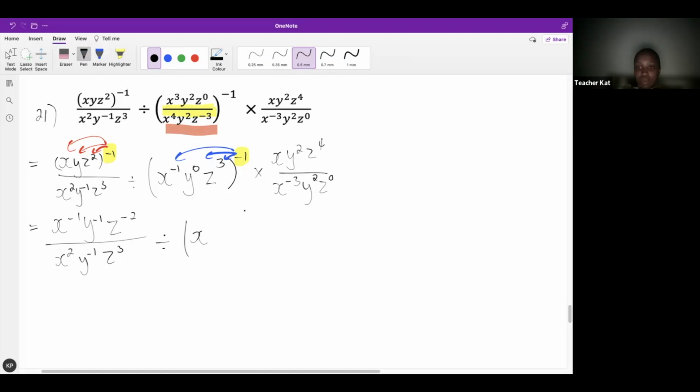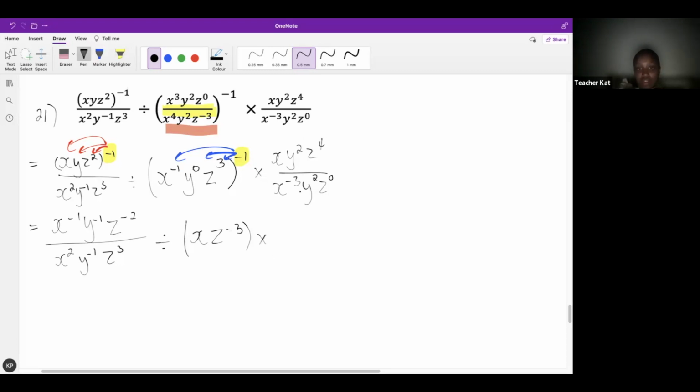Y to the power of 0. So I'm just going to get rid of it because it's 1 times x. So it's just x. And then we're going to have z to the power of 3 times negative 1, negative 3.